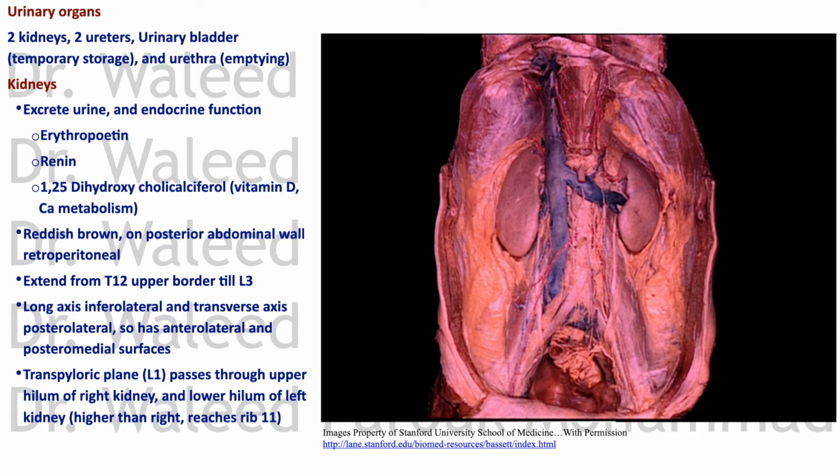They are present on the posterior abdominal wall, as you can see here in this plate and this specimen cadaver. They don't lie flat on the posterior abdominal wall but tilted, so the transverse axis is directed posterolateral and the longitudinal axis is directed infralateral, so slightly oblique as they go down and oblique as they go backwards to the posterior border of the kidney, as you can see here, because of the protrusion of the sides of the vertebral column.